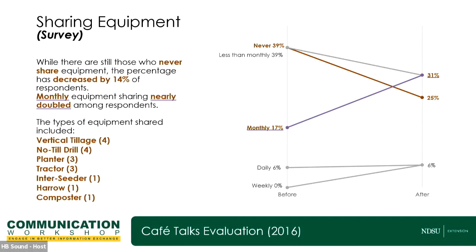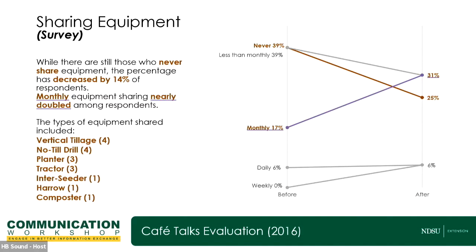Right. We did actually ask them a very specific question of how often: how often are you sharing equipment? And it was that scale: never, less than monthly, monthly, weekly, and daily. We asked it in order, and we asked them, how often are you sharing equipment?